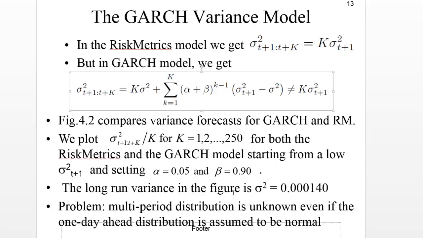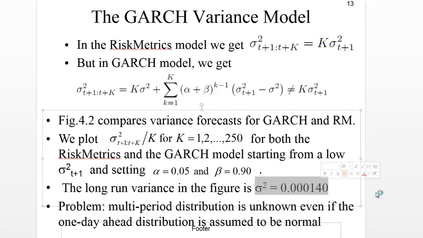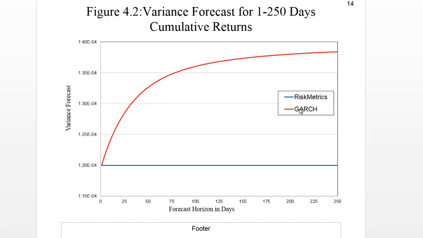So now we have this graph where the long run variance is equal to 0.00014, and then we see that RiskMetrics, the blue line, stays flat over the forecast horizon in days, so it doesn't change, whereas the GARCH is going to go towards that long run variance of 0.00014.